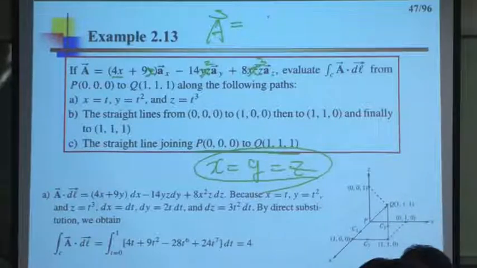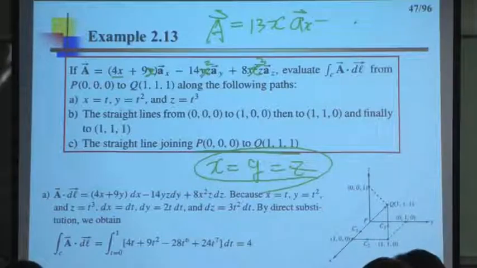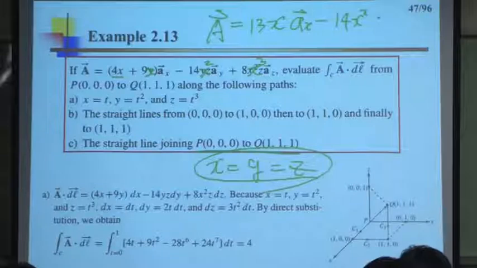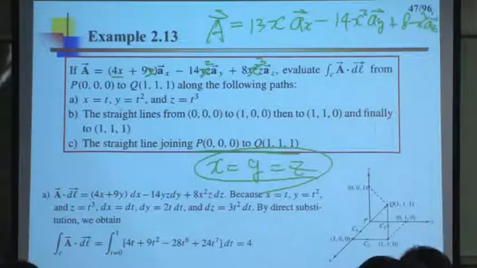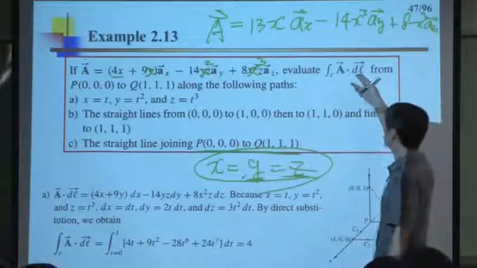Then the A vector is the same as 13x ax minus 14x squared ay plus 8x cubed az. Why? Because y equals x, z equals x. Then you can do this calculation.